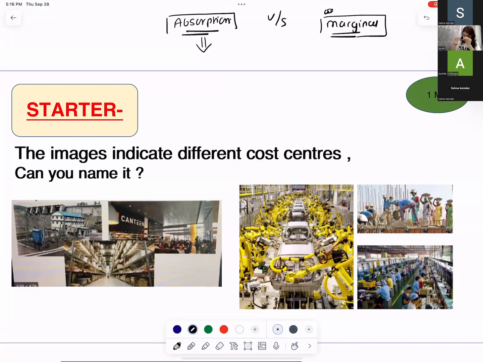Absorption costing takes your total cost into consideration while deciding anything. Whereas marginal costing, this is very important, I want you all to make a note of it. Absorption costing takes your total cost into consideration, whereas in marginal costing, they only take variable cost into consideration.